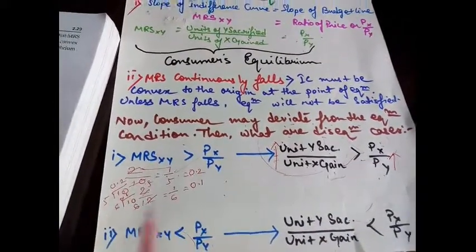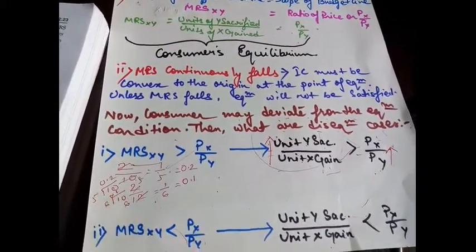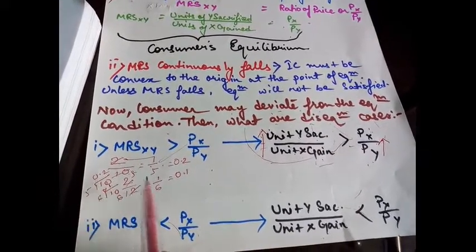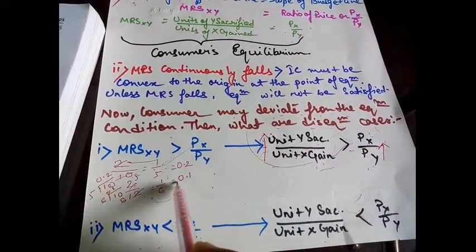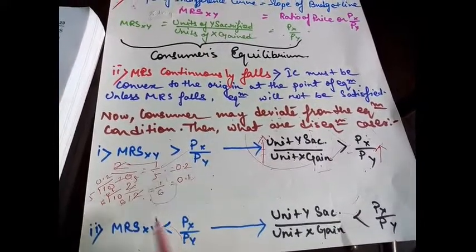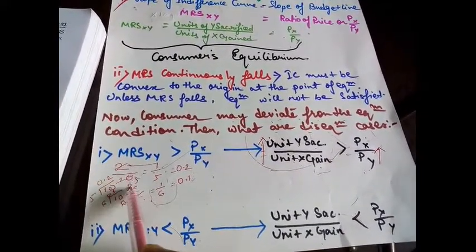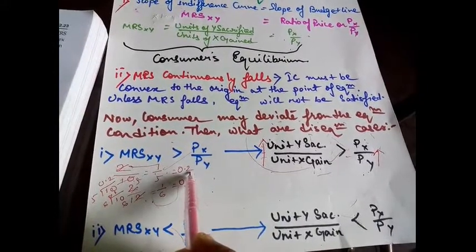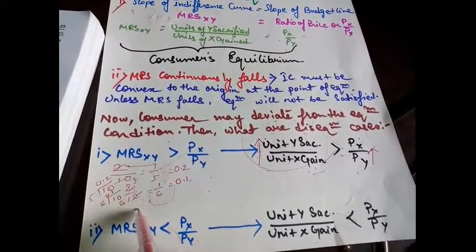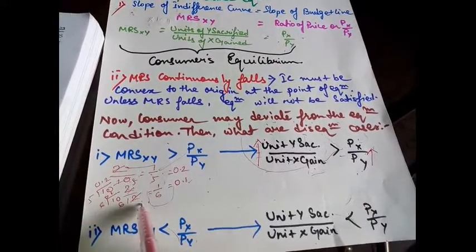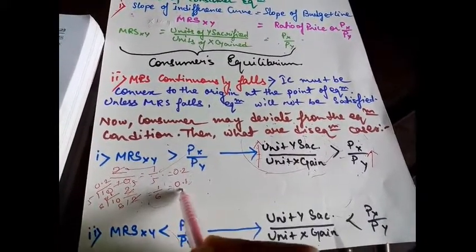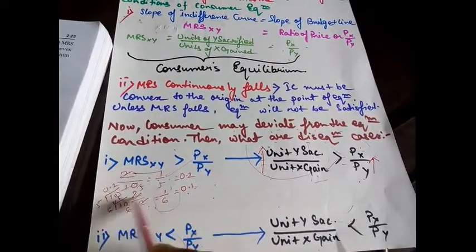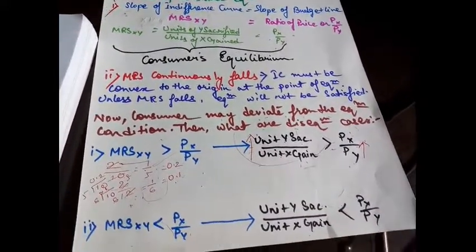So from here, what you can see, if the numerator is increasing, the total thing is decreasing. When it was 2 by 10, after solving it is coming 0.2. But when it was 2 by 12, it is coming lesser. Means if numerator increases, the total fraction will go down, isn't it?